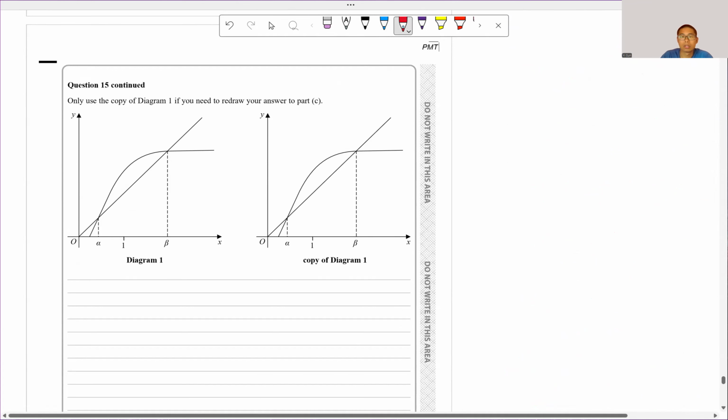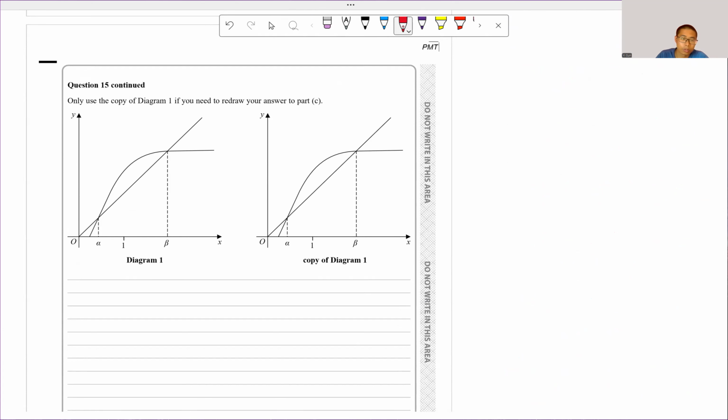Okay, so for this type of question, it's always the same. You start from the value they give, and then you draw a vertical line first, and the vertical line has to hit the one which is not y equal to x. So the diagonal line is y equal to x.